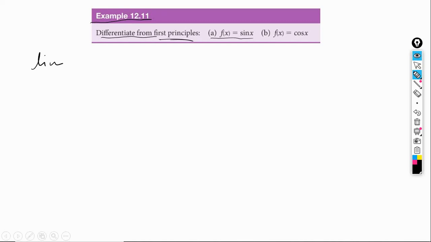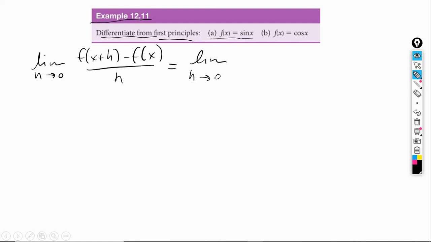So limit as h approaches 0 of f of x plus h minus f of x over h. So in the case of sine, we can write this as limit as h approaches 0 of sine of x plus h minus sine of x over h.